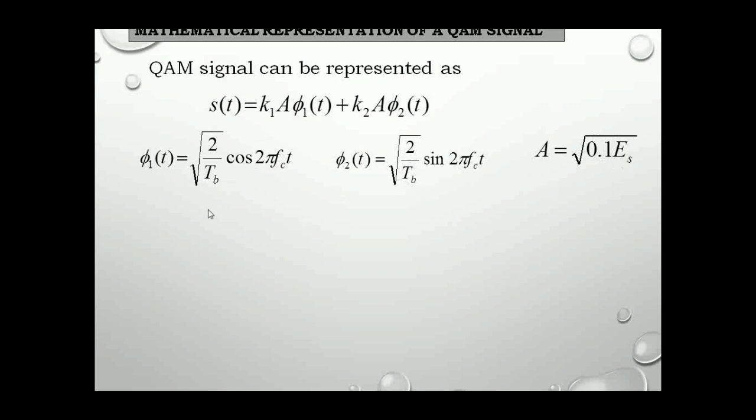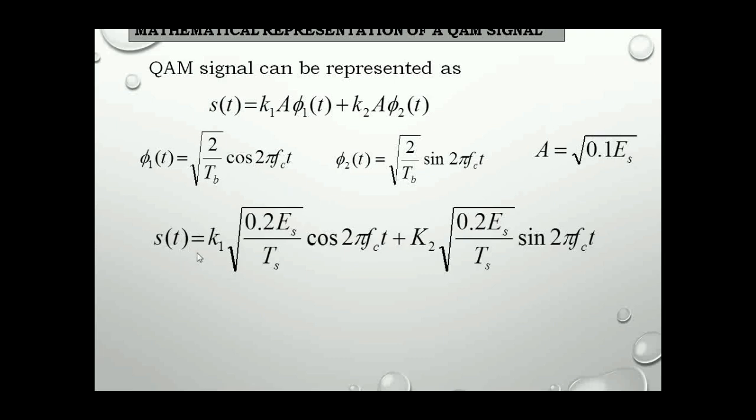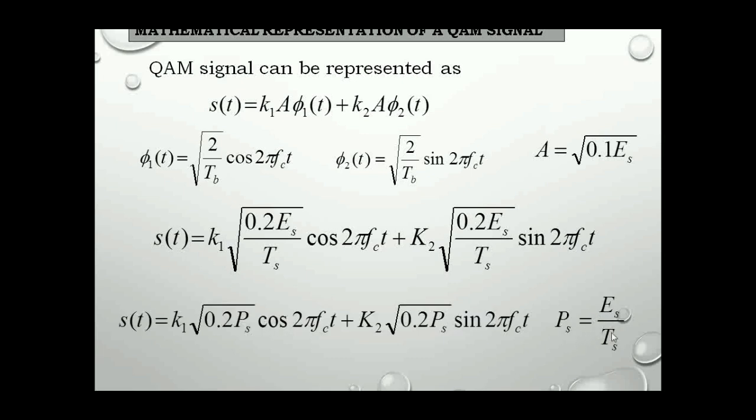Applying these in the above equation, we have S of t as equal to K1 square root of 0.2 Es divided by Ts cos 2 pi FCT plus K2 square root of 0.2 Es divided by Ts sin 2 pi FCT. So Ps will be equal to Es by Ts, hence S of t will be equal to K1 square root of 0.2 Ps cos 2 pi FCT plus K2 square root of 0.2 Ps sin 2 pi FCT. This is the mathematical representation of the QAM signal.